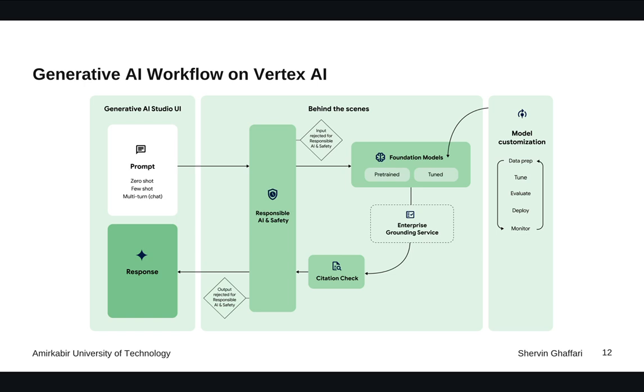When given a prompt, whether it is zero shot, few shot, or multi-turn, it goes through responsible AI and safety to identify any malicious activity or unwanted action that a user might attempt for malicious reasons.